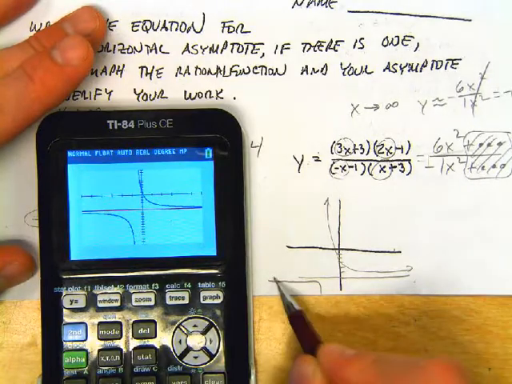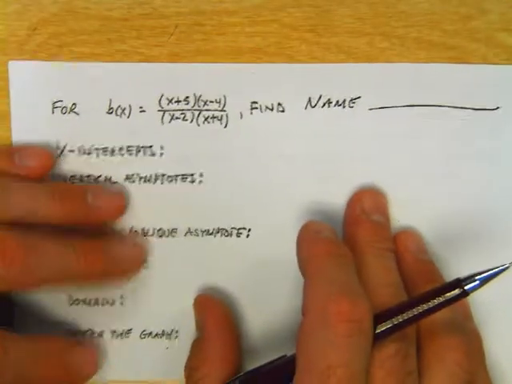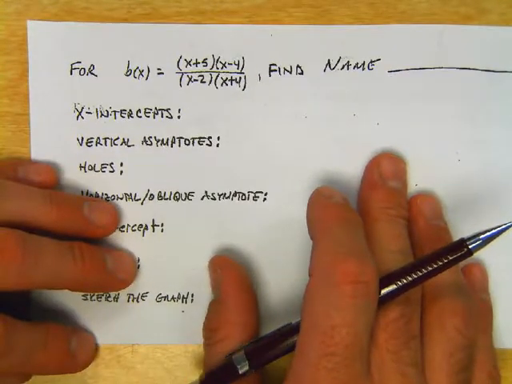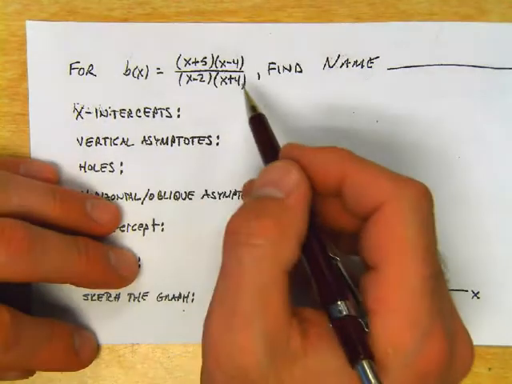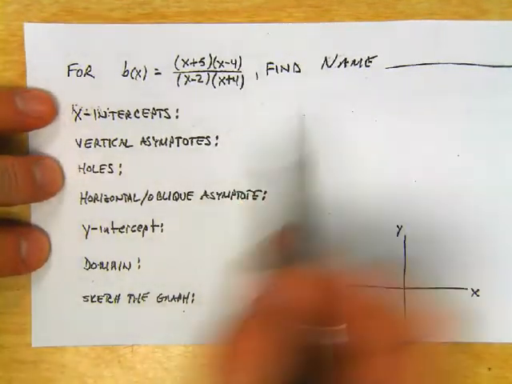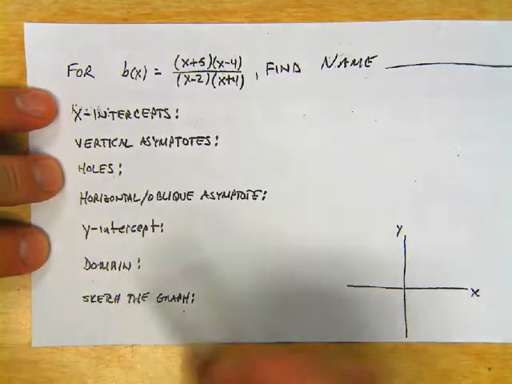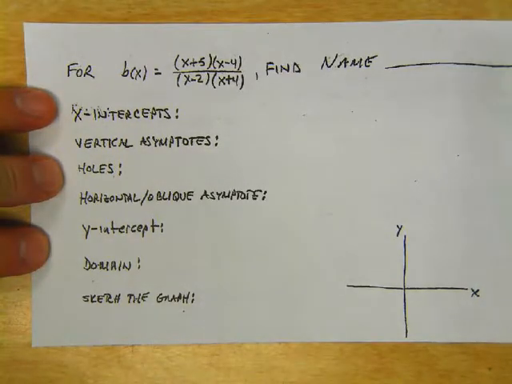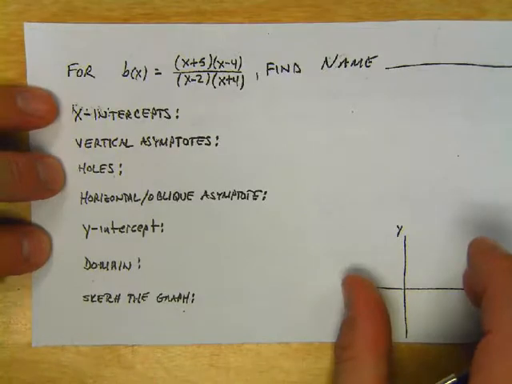Okay, let's switch to the other side, and we're given this function b of x equals all this stuff. It's a rational function because there's a polynomial in the numerator and denominator. We need to find all of these different characteristics of the rational function. So let's start with the holes.